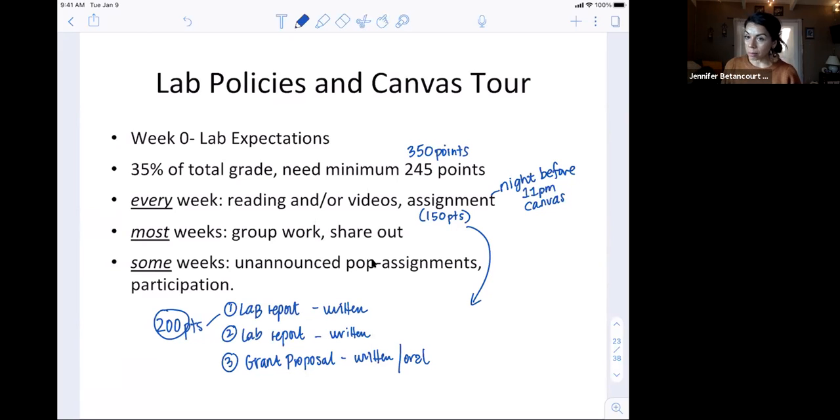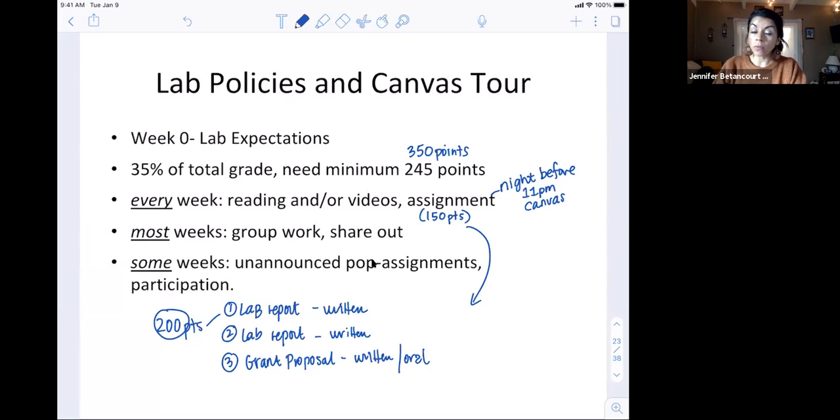So if you don't come to lab, then you have to complete that assignment by yourself, because the group has already started doing work on things and it's not fair for you to join later. So you have to come to lab. And if you miss more than one lab, whether it's excused or not, you get dropped from the course. So this is a big chunk of time for this course, right?